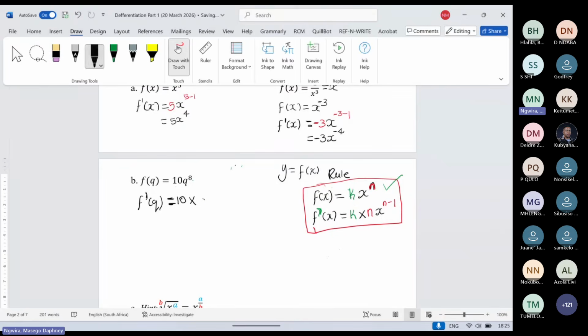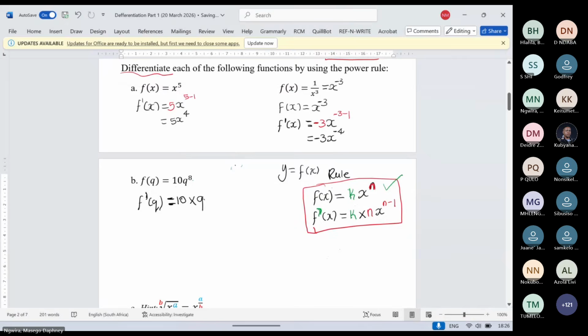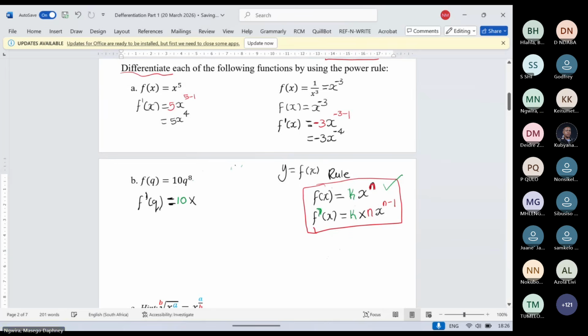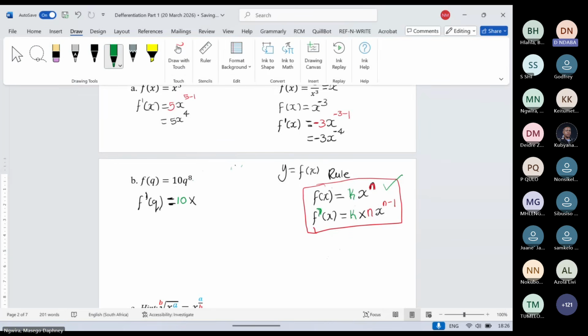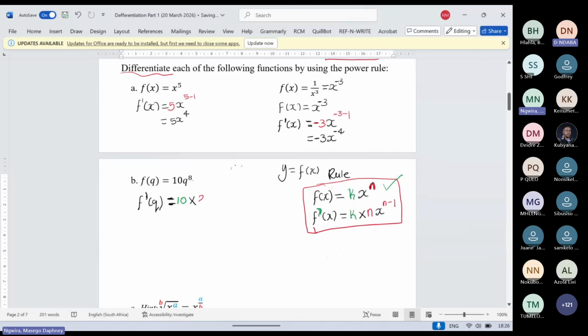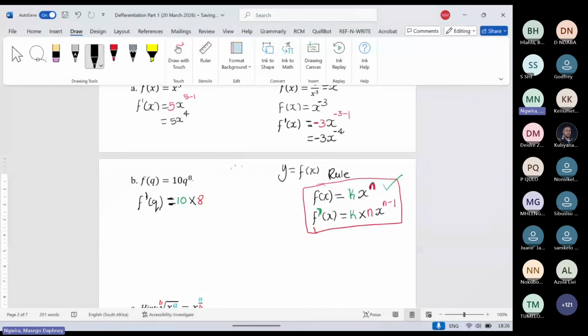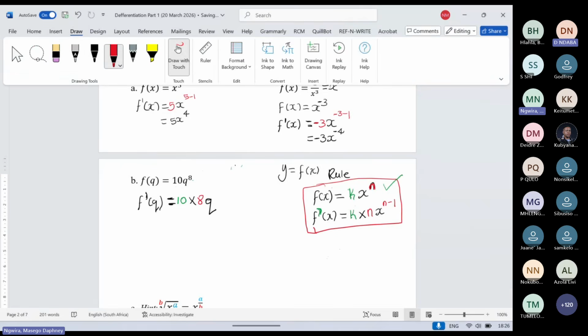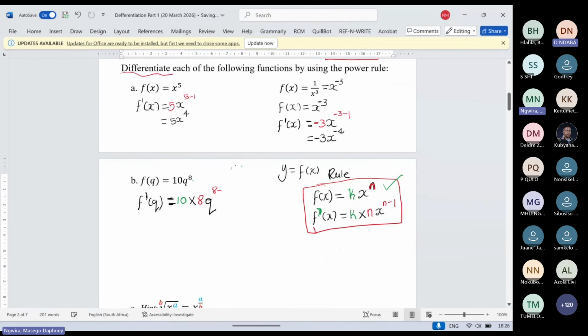No, why are you saying it's q? It's 8. Yes, 8. This is 10, and this is 8. Yes, thank you. It's 8, and then q. Thank you. Q to the power of 8 minus 1, every time.